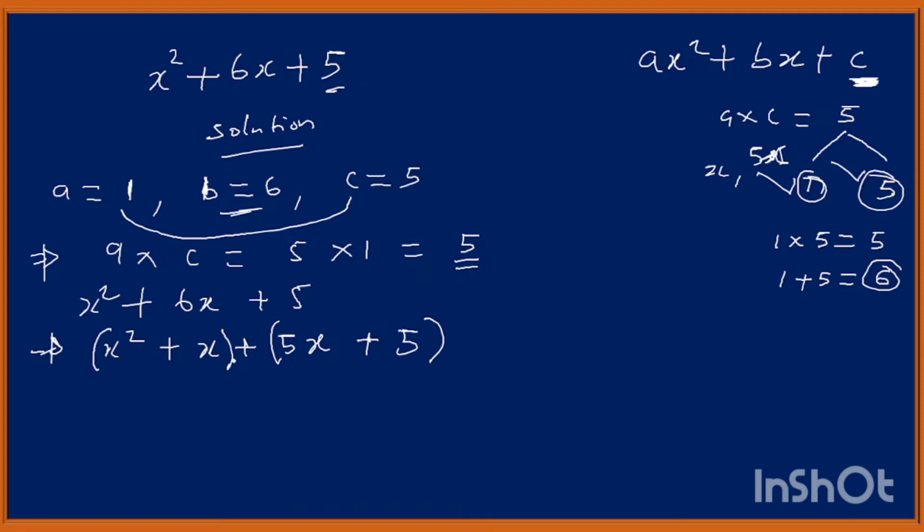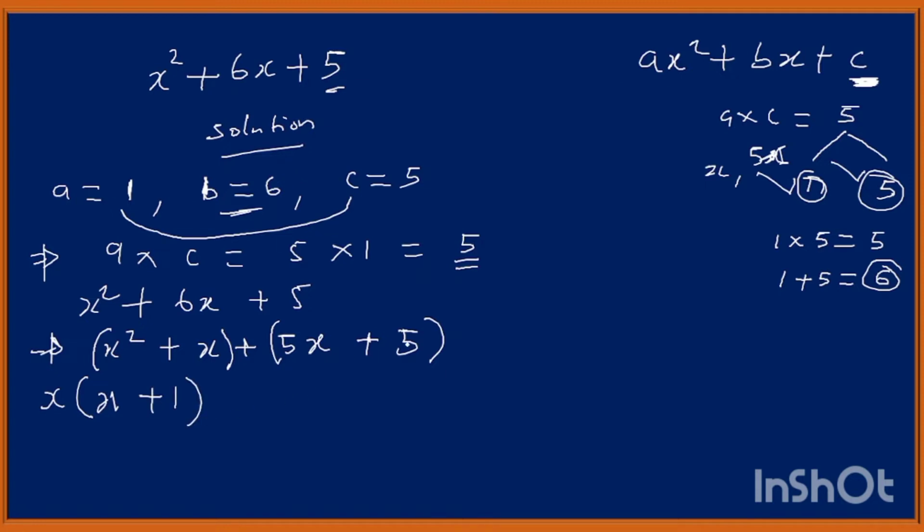Now, what is common between x squared and x? x is common because x squared can divide x without a remainder, and x can divide x without a remainder. So we bring out x. So if we take x out, if we divide x squared by this x, what will remain is x. If we divide x by x, what will remain is plus 1.